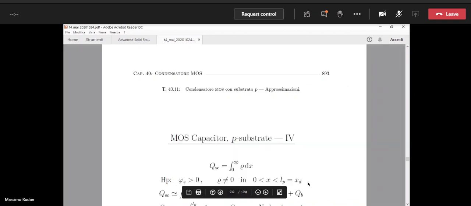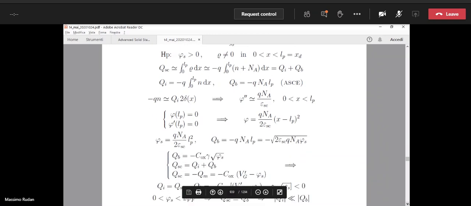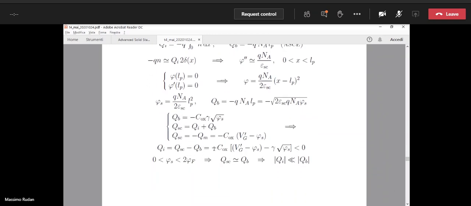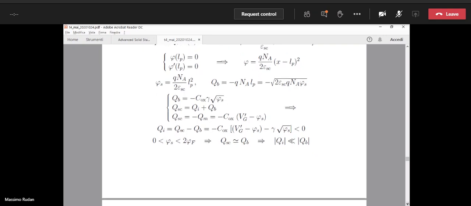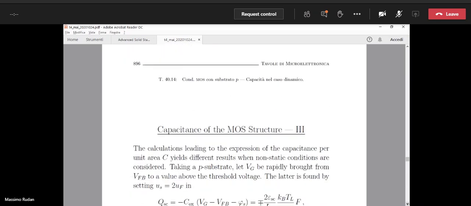Where is it? Here. This one, okay? Near the bottom, you can see the general relation between the inverted layer charge and the rest of the parameters. We simply invert this. And what we find is this.